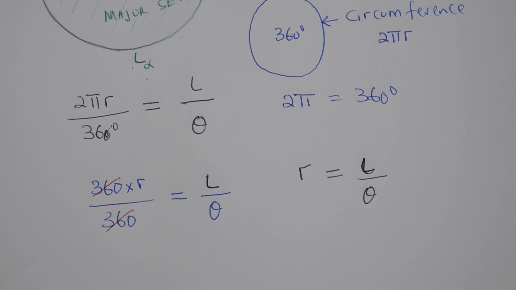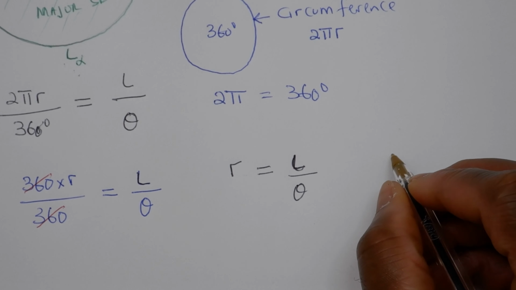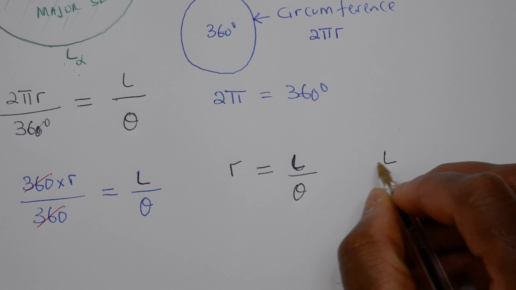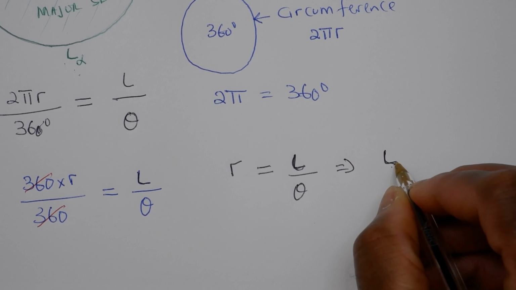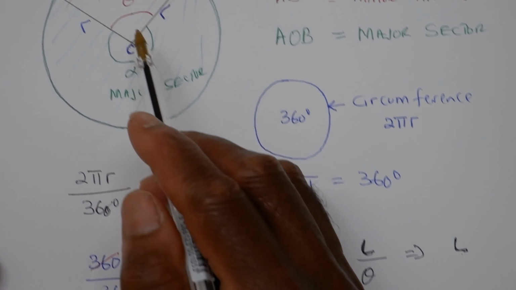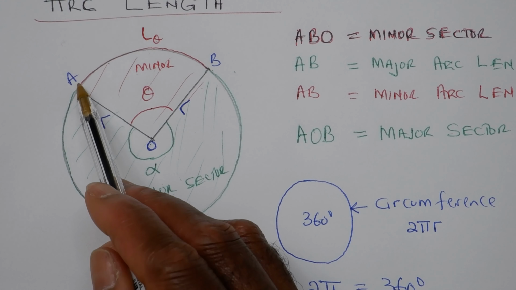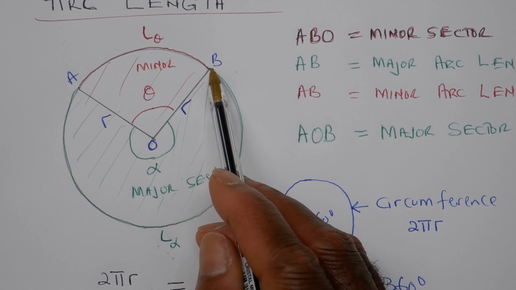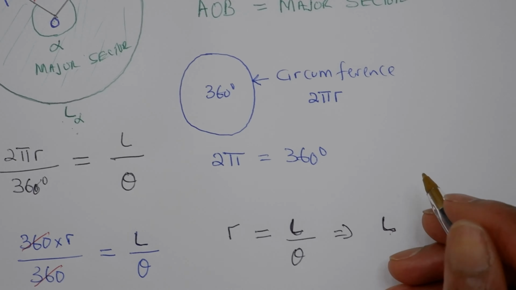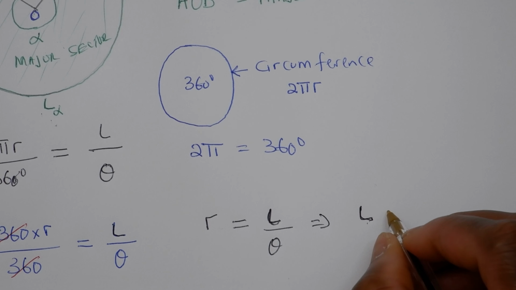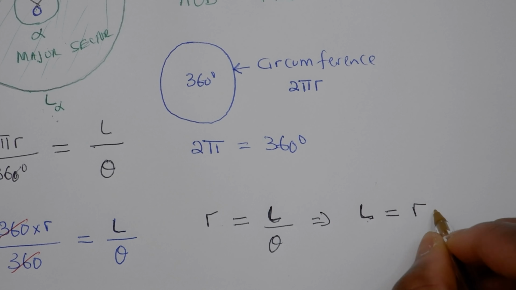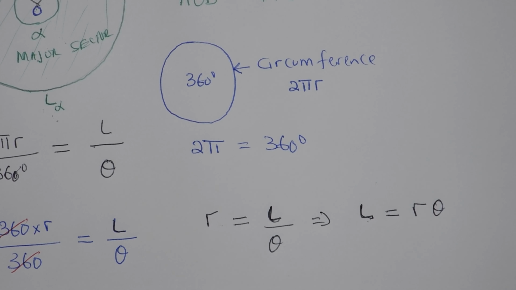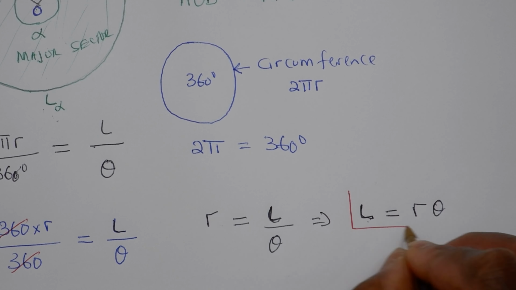If you write that out properly, that implies that L, the arc length, which is the distance between A and B, equals r theta. So that's the formula we need for arc length.